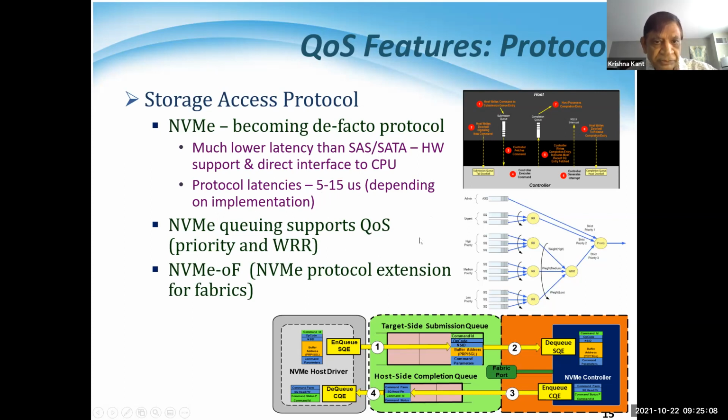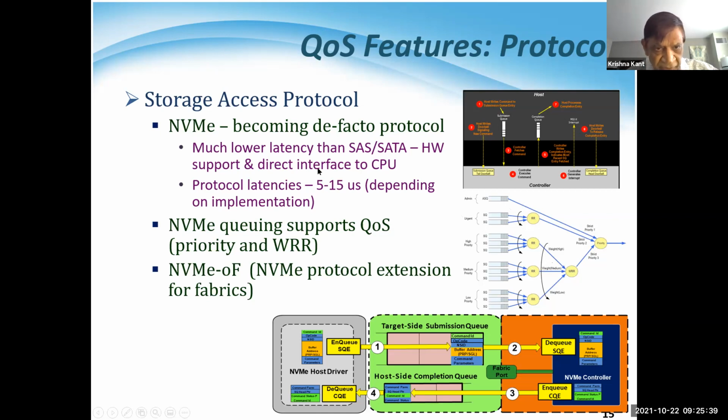So we'll be talking about mostly NVMe. NVMe does provide a fairly elaborate QoS arrangement. There's a picture here, for example. It supports priority queuing. It also supports weighted round robin. So if you can provide the right hints and make use of those features, then at least at the protocol level, you will be able to provide the desired QoS.